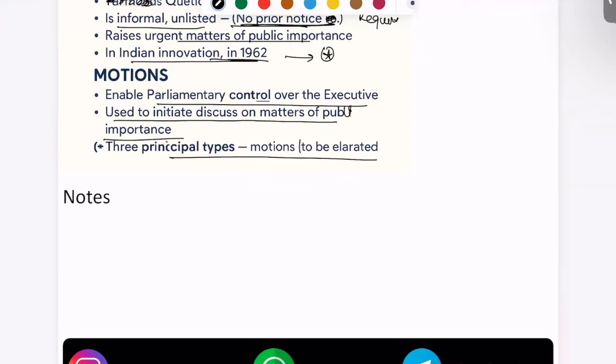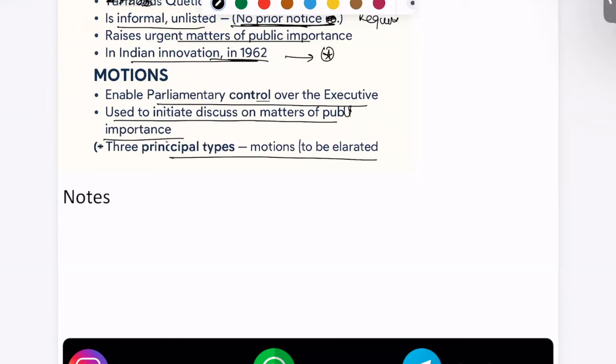Question hour is the most important because you can ask questions of the government. If I don't ask the ministries what is happening to the smart city project or the bullet train, how would I know? You can ask any number of questions. That is how you ask the government what is happening. Is it clear?